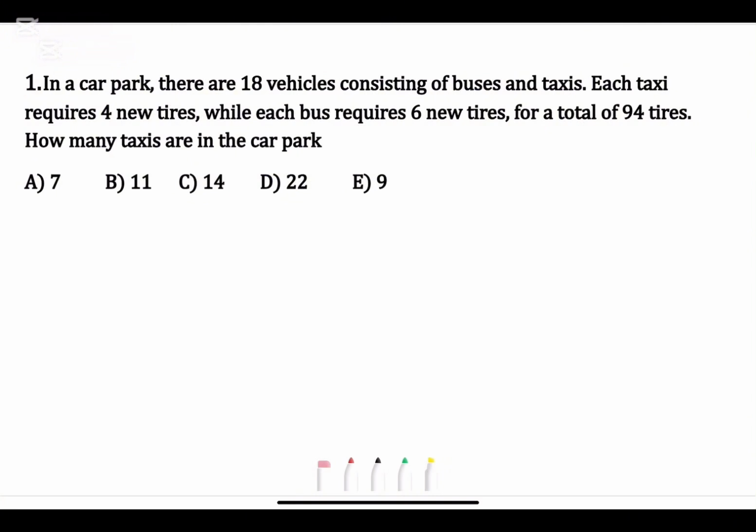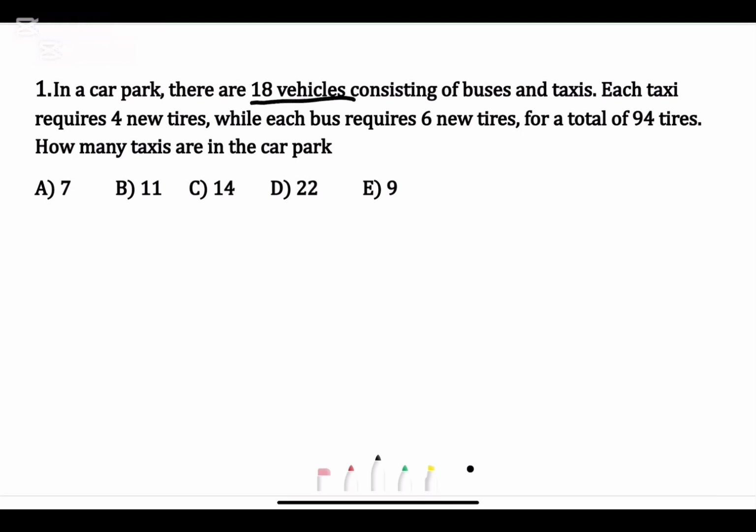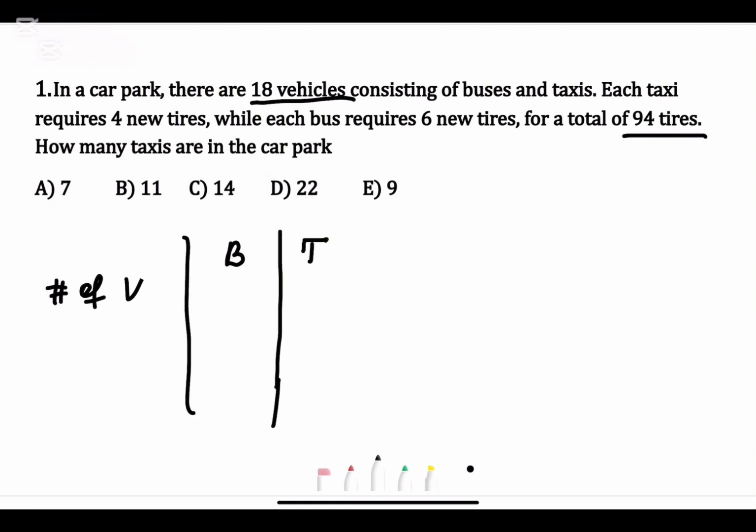So I can see that we have 18 vehicles in total, and we have 94 tires in total. So we have number of vehicles made of buses and taxis. And we have also number of vehicles.